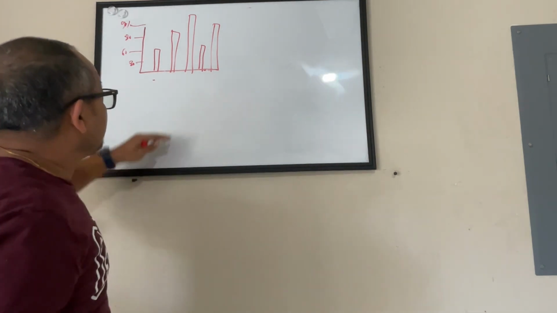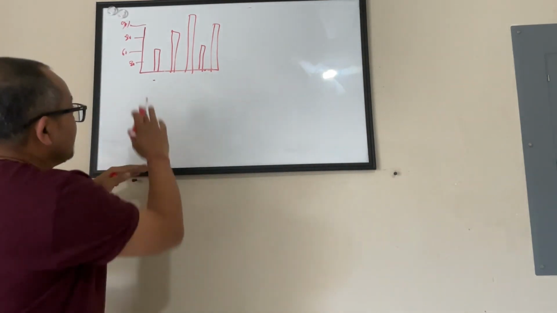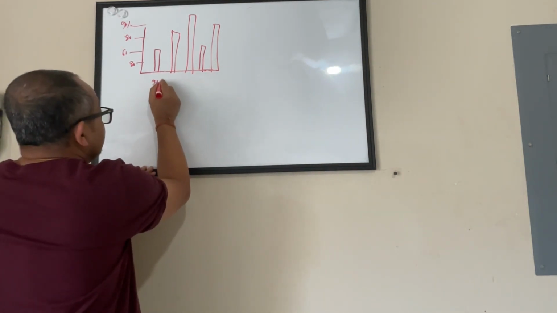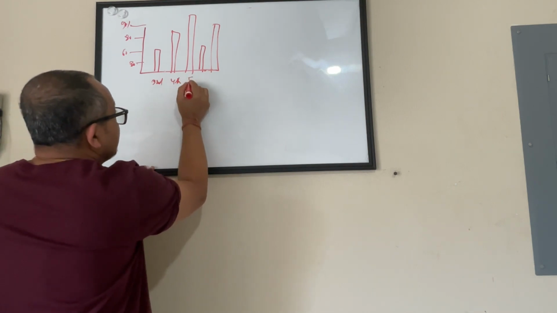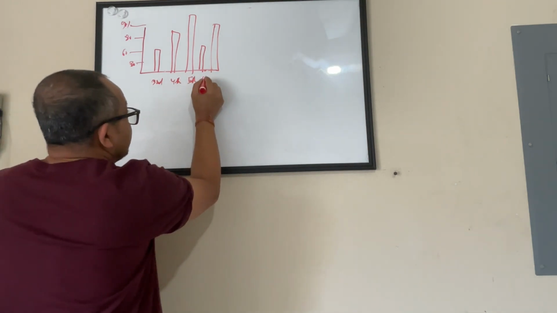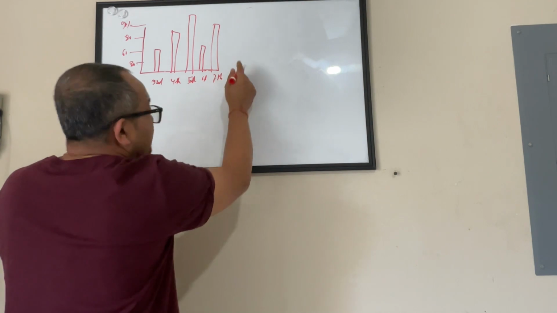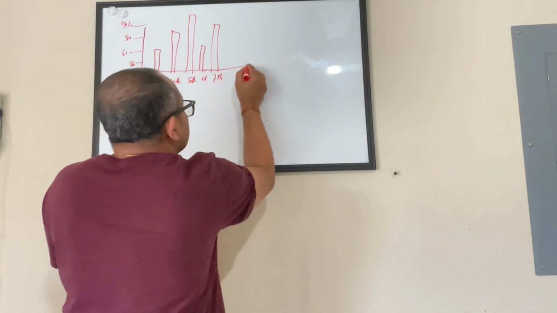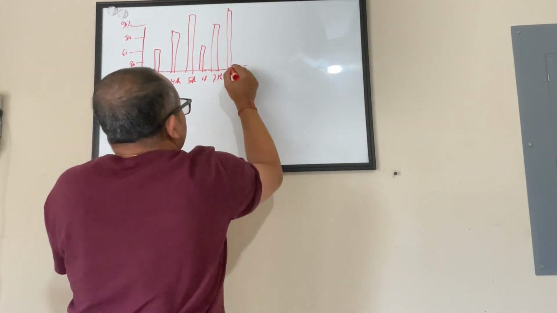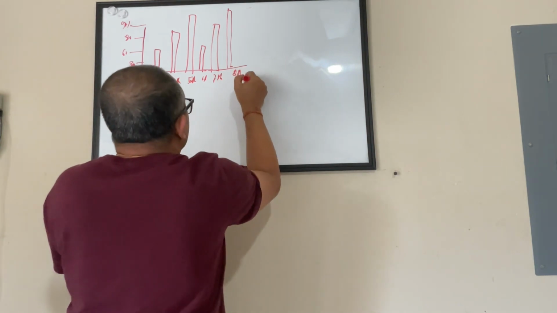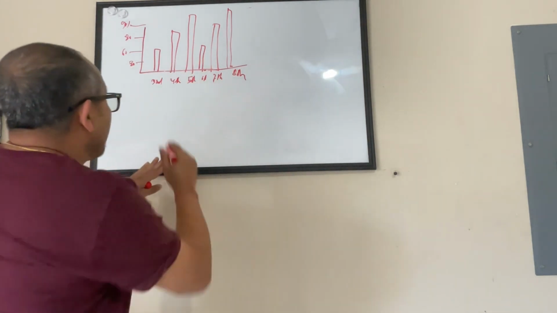Marks scored by a child, overall percentage in different grades. Let's say this is 3rd grade, this is 4th grade, this is 5th grade, 6th grade, 7th grade, 8th grade. This is called a bar chart.